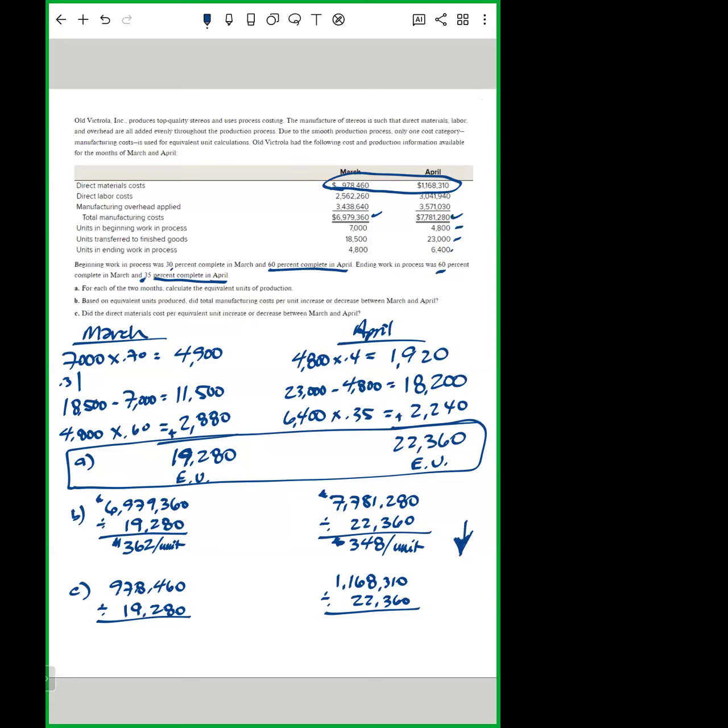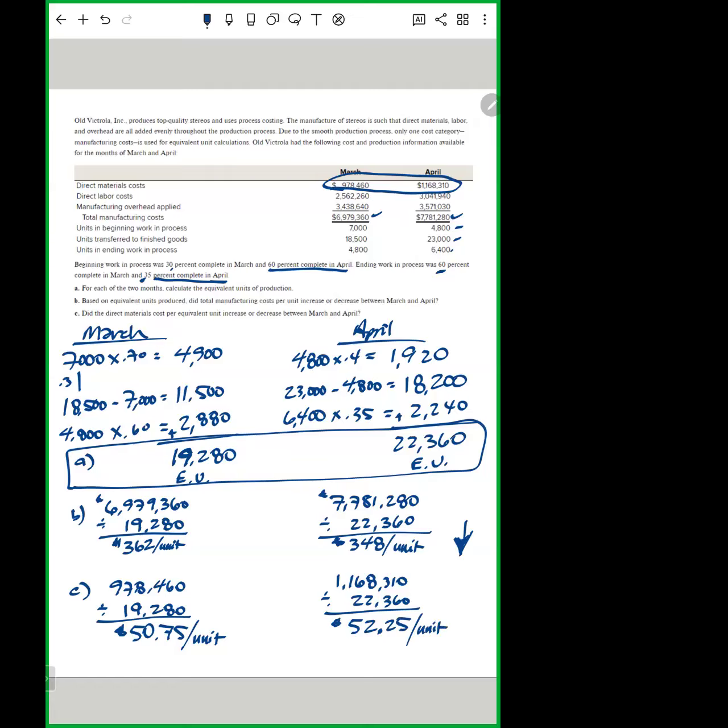All right, 978,460 divided by 19,280. I get $50.75 per unit. And for the 1,168,310 divided by 22,360, I get $52.25 per unit.